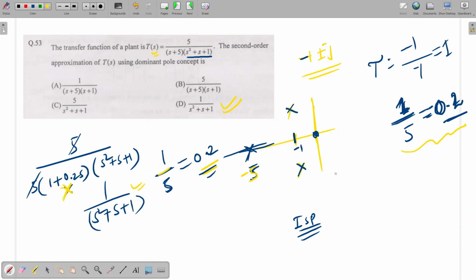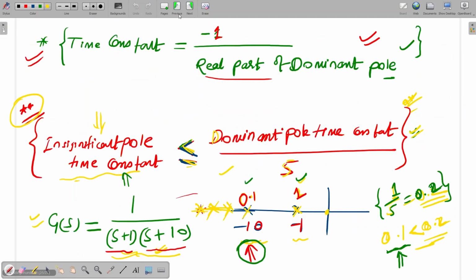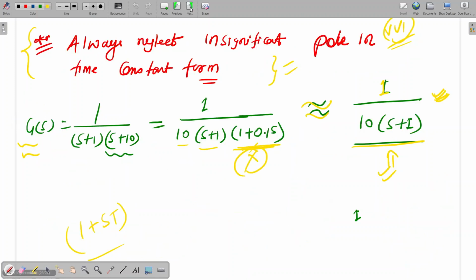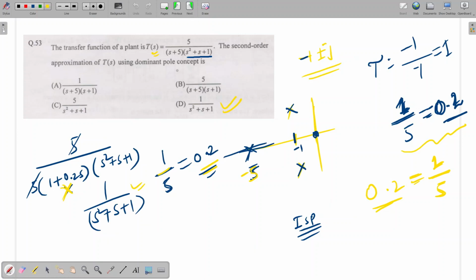If you see this inequality, either equal to or less than, if it is satisfied, then we can say that pole is an insignificant pole. So this S plus 5 pole is an insignificant pole.